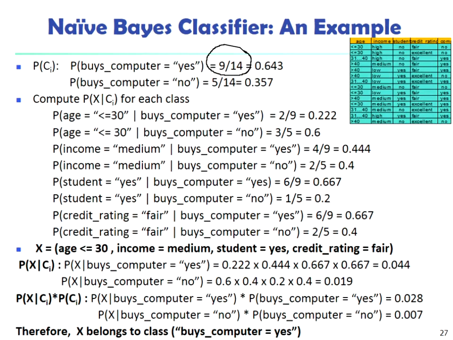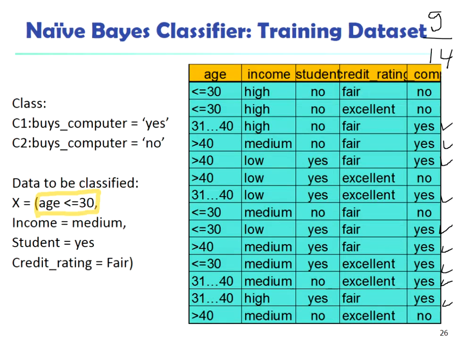We have to calculate the probability of age less than 30 given buys computer equal yes, and the probability of age less than 30 given buys computer equal no. In buys computer equal yes, how many times do we have age less than 30?